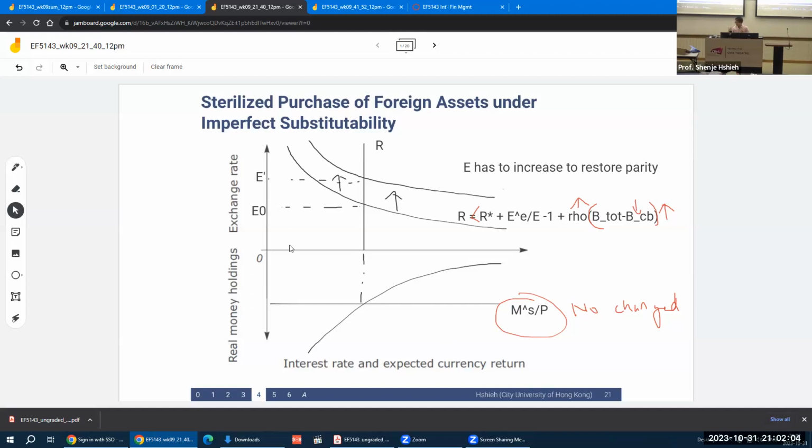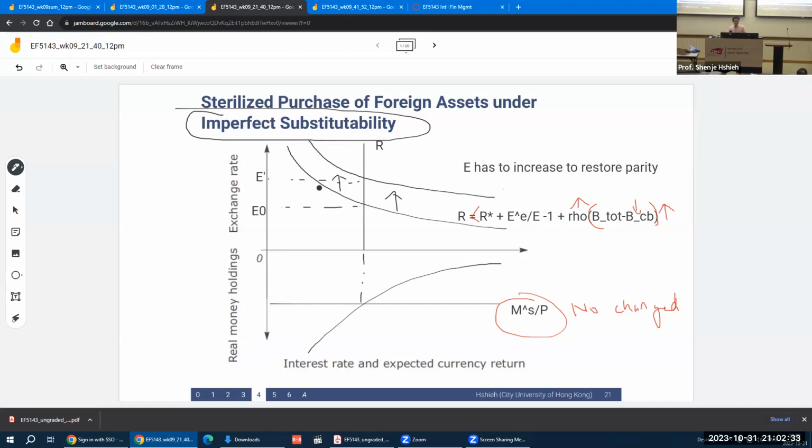But of course, what is rho? How do you calculate it? That's another story. But the idea here is that rho is a representation of different types of risk between government debts between countries, right? So that's why it's called imperfect substitutability. If two countries' bonds are perfect substitutes, meaning their risk is basically the same, then rho is zero, and it doesn't matter.